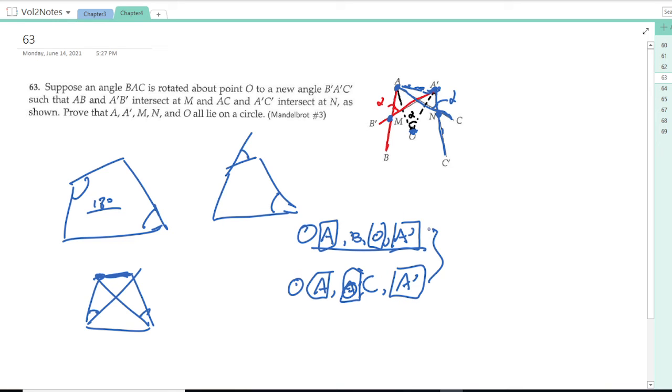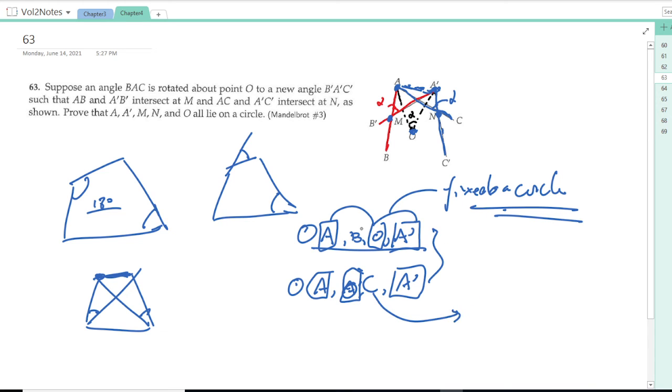A triangle can fix a circle, right? So B is on this fixed circle and C is on this fixed circle, right? So that's why A prime, B, C are concyclic.